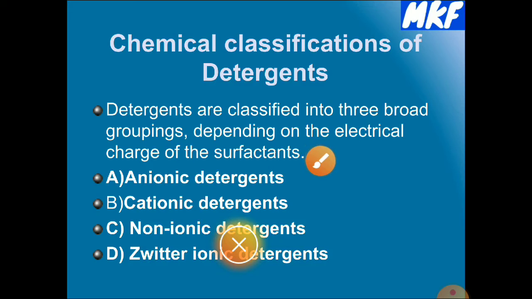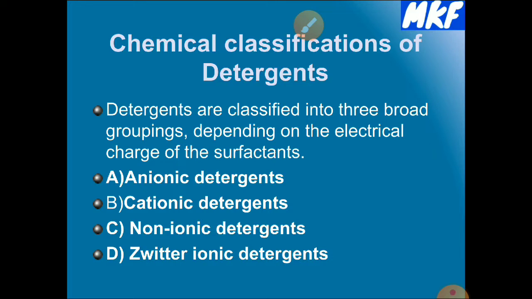Whereas for cationic detergents, when positive charges predominate, it is termed a cationic detergent. Then non-ionic detergents: when surfactants do not dissociate in solution, they are termed non-ionic detergents.